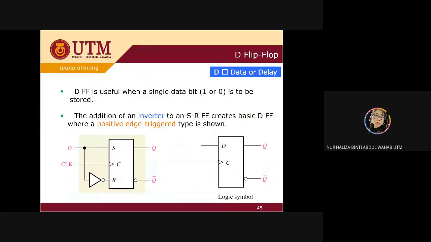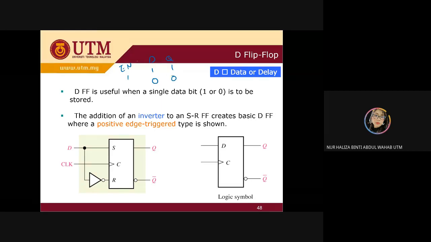So for D flip-flop here, it is going to follow the D latch table. D latch table last time. If you still remember, if EN equals 1, D is 1, your Q is 1. D is 0, your Q is 0.